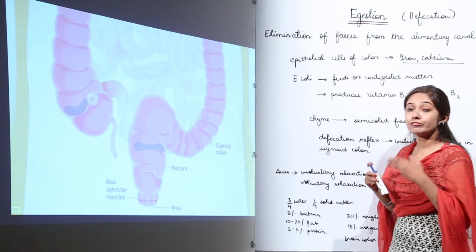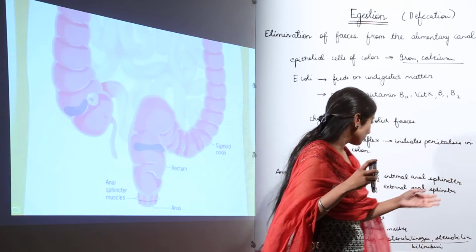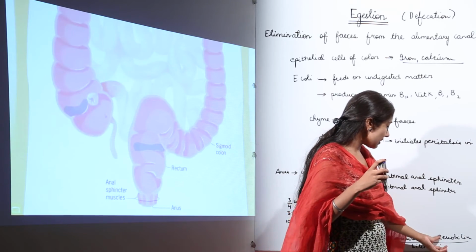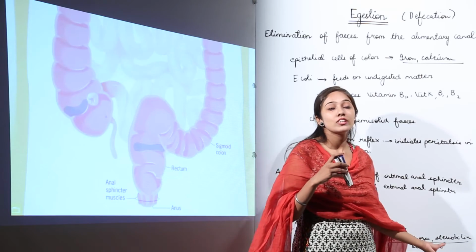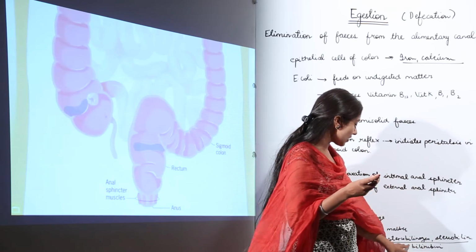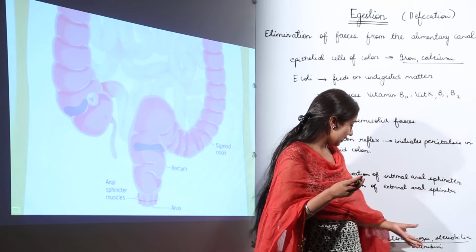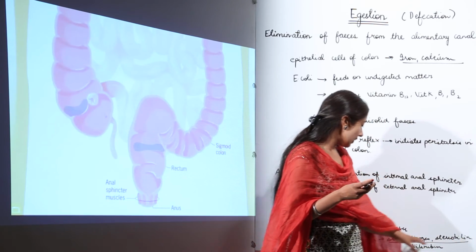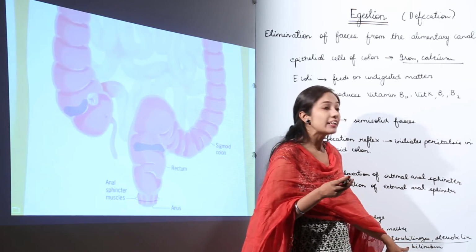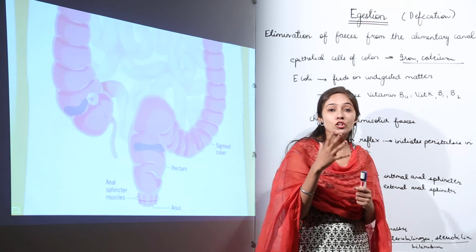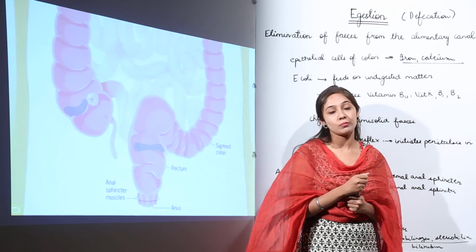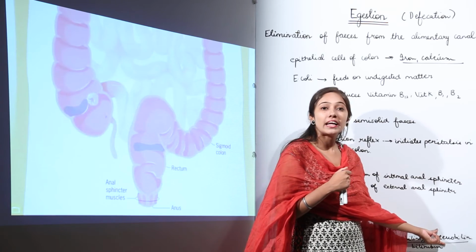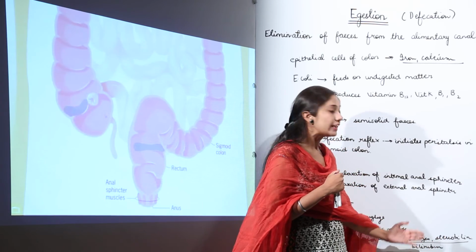The color of the feces is because of certain pigments, stercobilinogen and stercobilin, which are derivatives of the pigment bilirubin. Remember, the color of the feces is due to the presence of these pigments.